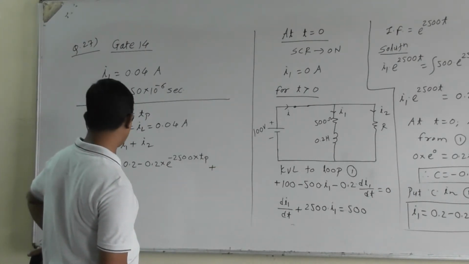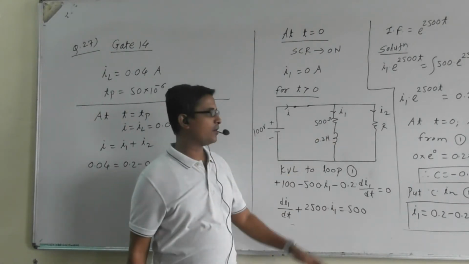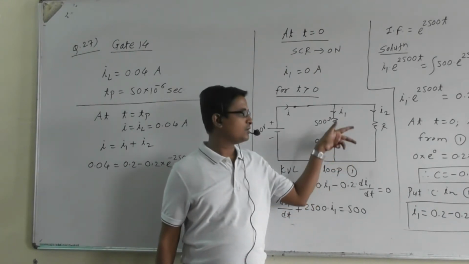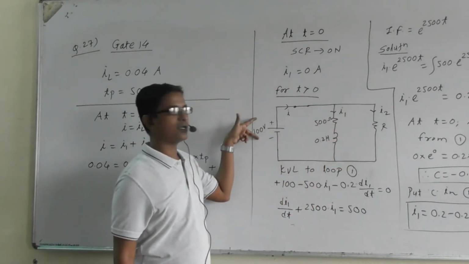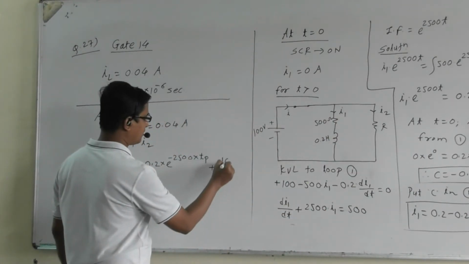Can we write I2 in terms of voltage and resistor? I2 means this branch current. What is the voltage across the resistor? It is 100, so I2 is equal to 100 by R.